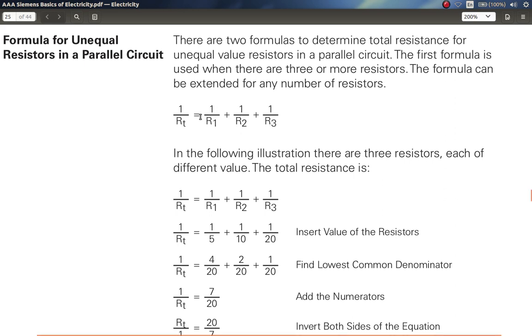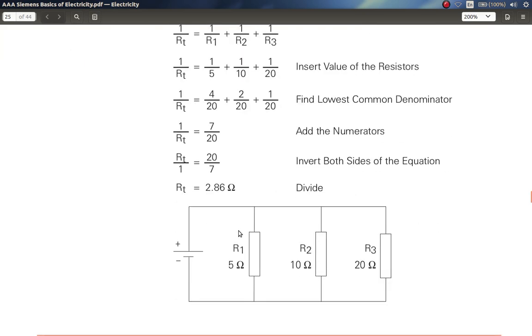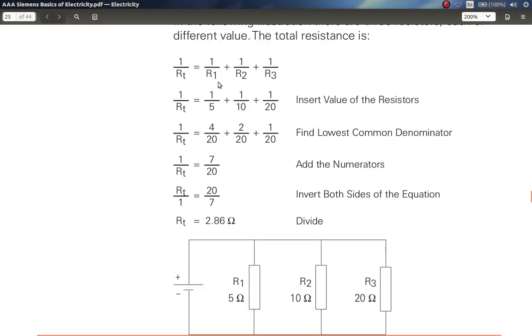So 1 over RT equals 1 over R1 plus 1 over R2 plus 1 over R3, and so on and so forth. In the following illustration, there are 3 resistors, each of different value. The total resistance is, alright, so here 1 over R1, which will be 1 over 5, plus 1 over R2, which is 1/10, plus 1 over R3, which is 1 over 20.